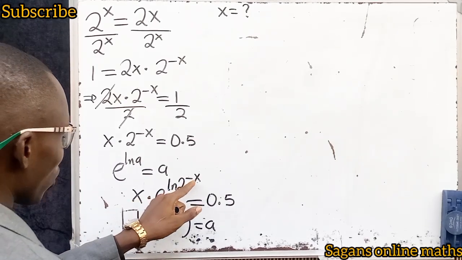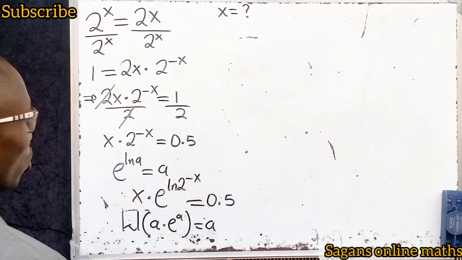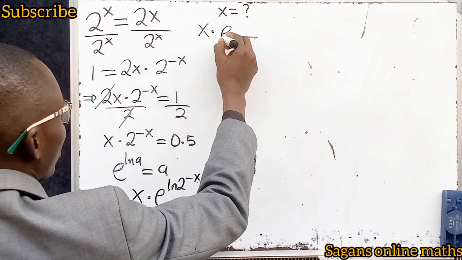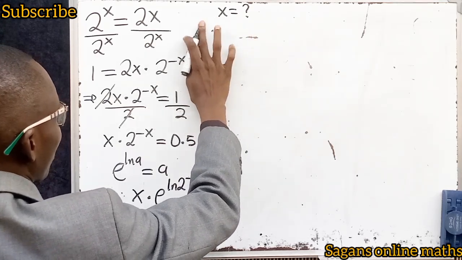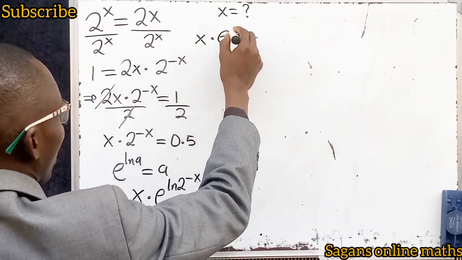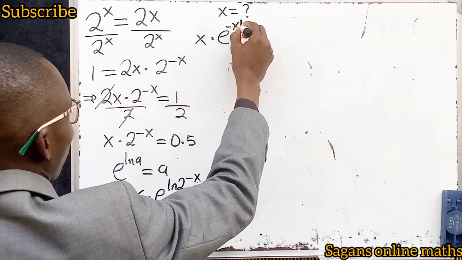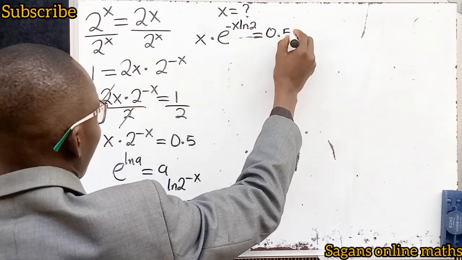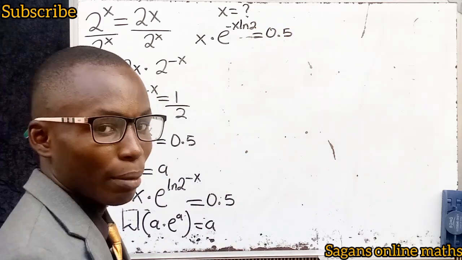Now this power, which is minus x, can also go back to multiply the ln. So now this is x multiplied by e raised to the power minus x ln 2, equals to 0.5. Wow, this is amazing.